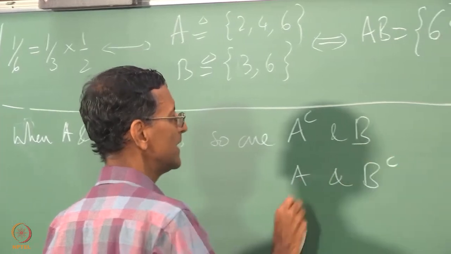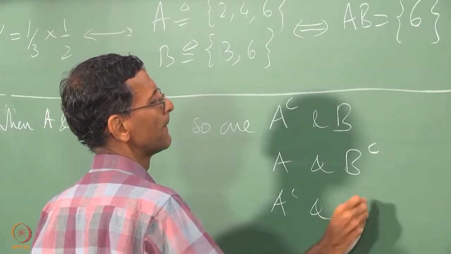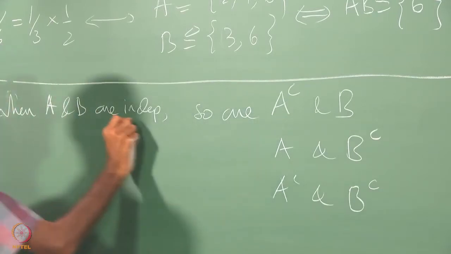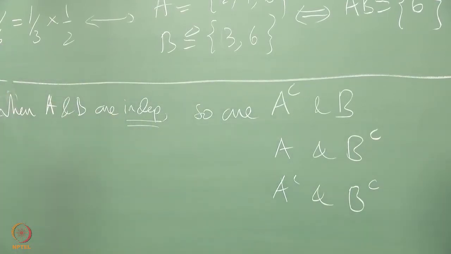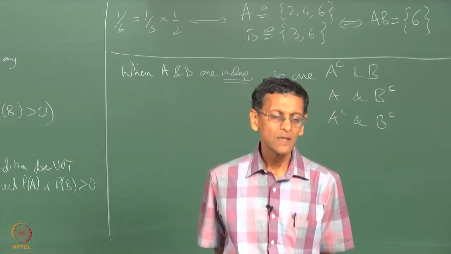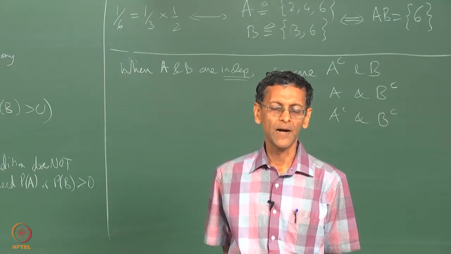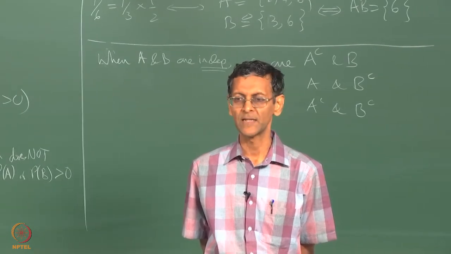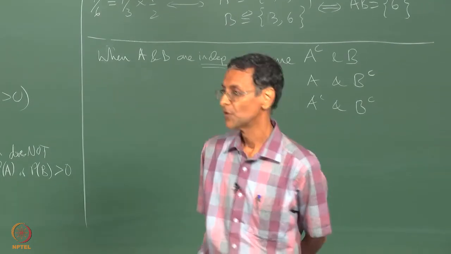This is a very intuitive result, because if A and B are independent, you don't want B complement to somehow tell you something more about A than B could not tell you, right.